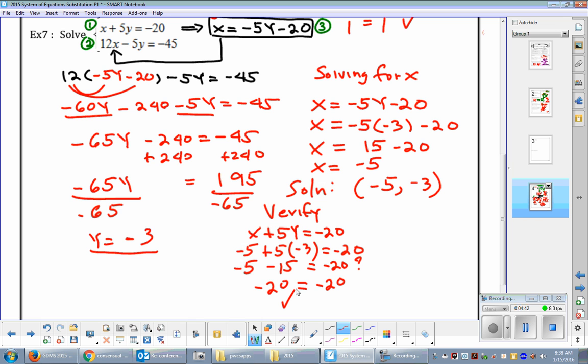Therefore, the solution works for the first equation. And then for the second equation, we'll have 12x minus 5y equals negative 45. So I'll plug in negative 5 to x, and then negative 3 to y.